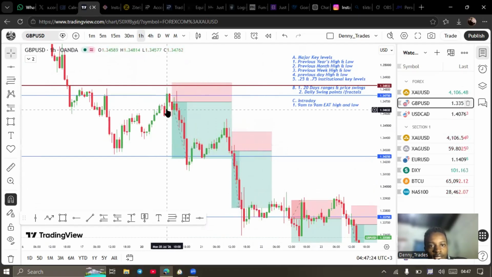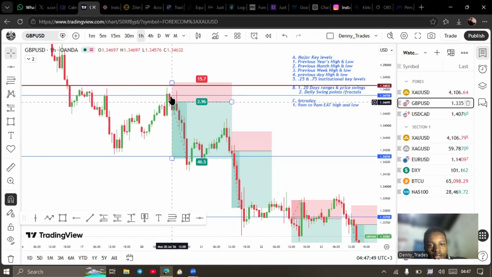You can see price opened at 9 a.m. lower, then higher at 10 a.m. Remember, it has not yet formed an hourly swing point. Once it formed an hourly swing point here, you can see it was at exactly 12 p.m. East African time.